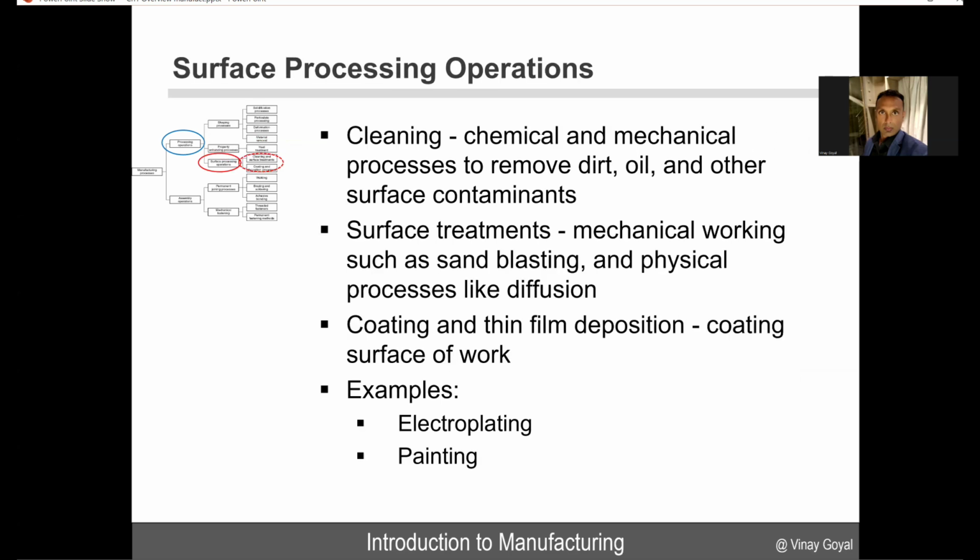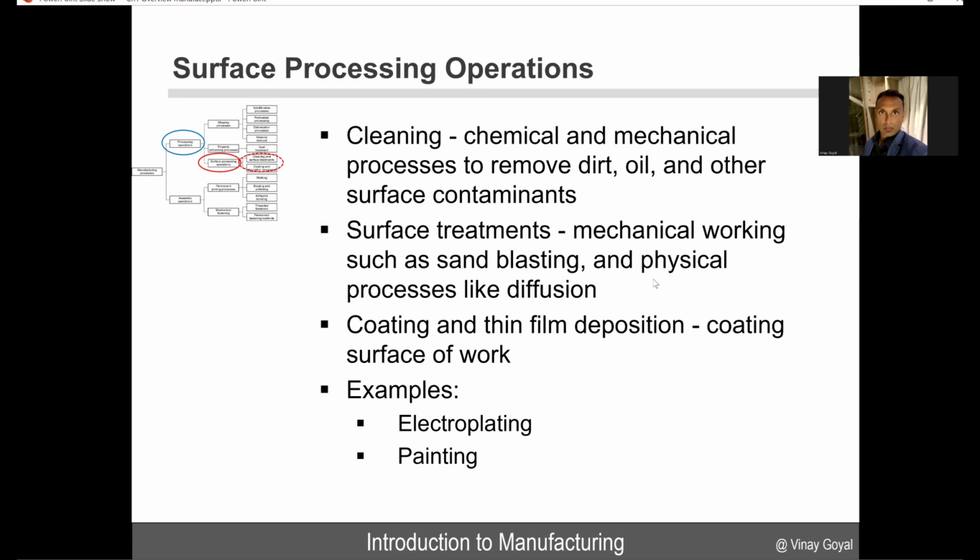Surface processing operations is the third one that you see listed. That's part of processing operations, which is part of manufacturing processes. The first one is cleaning, which is a chemical and mechanical process used to remove dirt, oil, and other surface contaminants. Then surface treatments, mechanical working such as sandblasting, and physical processes like diffusion.